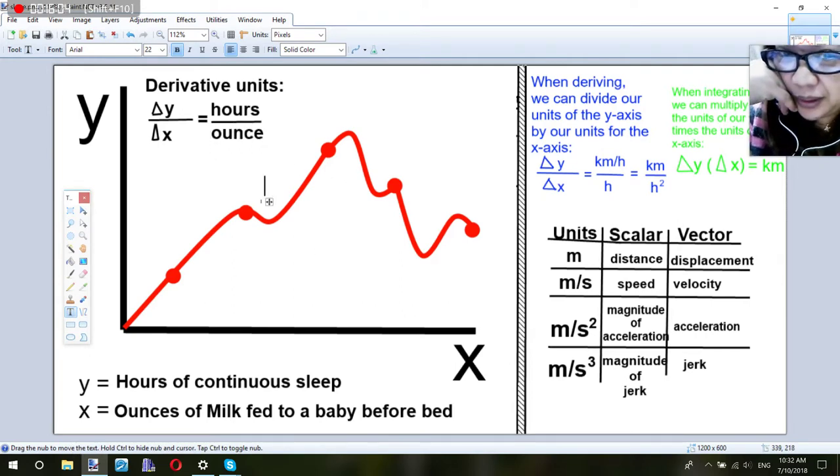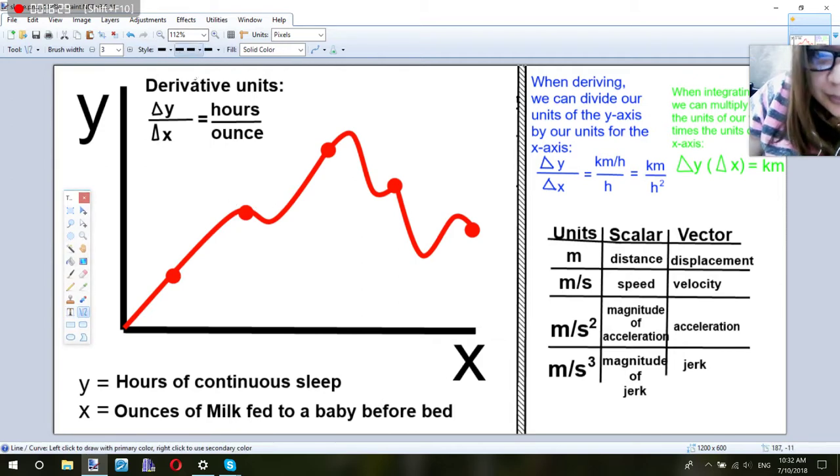Right. So this is how many hours of sleep do we gain for each additional ounce of milk that we give to the baby. So at the point where the hours of continuous sleep that we gain per ounce is equal to 0, I will either be at a relative maximum or a relative minimum.